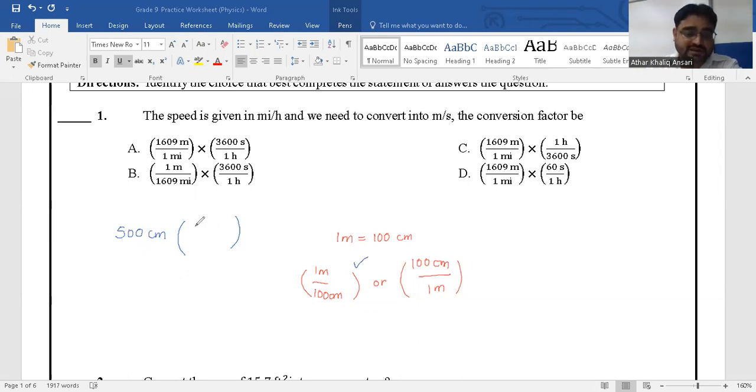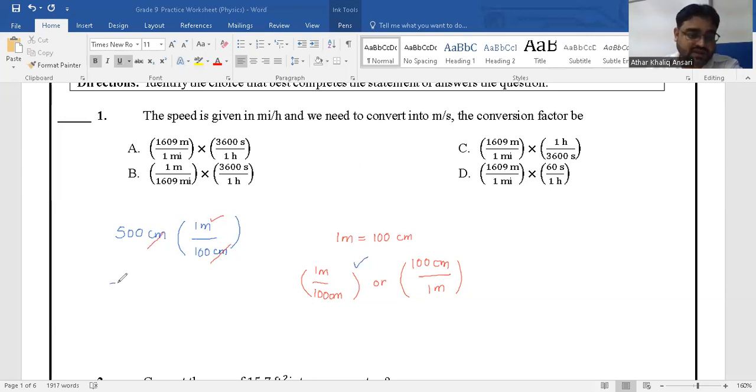So we know that 1 meter over 100 centimeter is our conversion factor. Once I write it, it's very simple to see that centimeter is cancelled by centimeter and the final unit is meter, which was my concern.